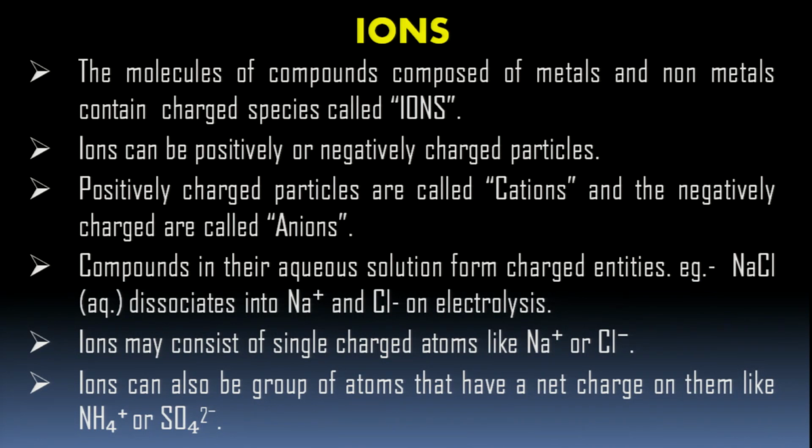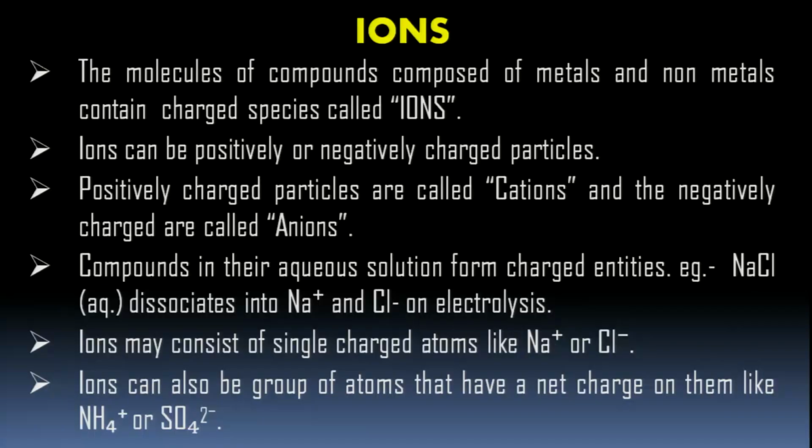Compounds in their aqueous solution form charged entities, or charged particles, you can say. NaCl, sodium chloride, in its molten state or in solution with water, dissociates into Na+ and Cl- on electrolysis. Na+ is the cation, Cl- is the anion. Na+ moves towards the negative electrode, the cathode, and Cl- moves towards the positive electrode, the anode.